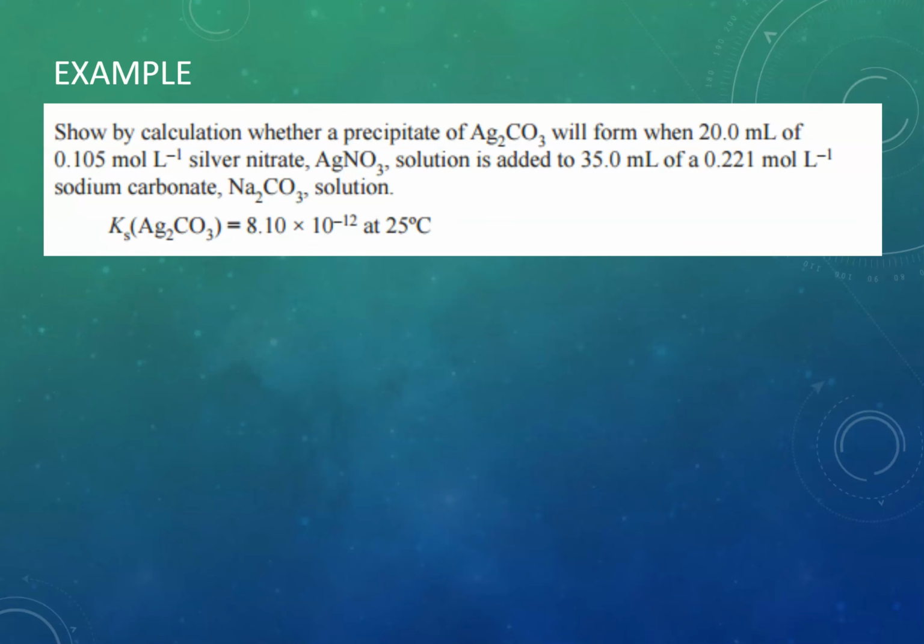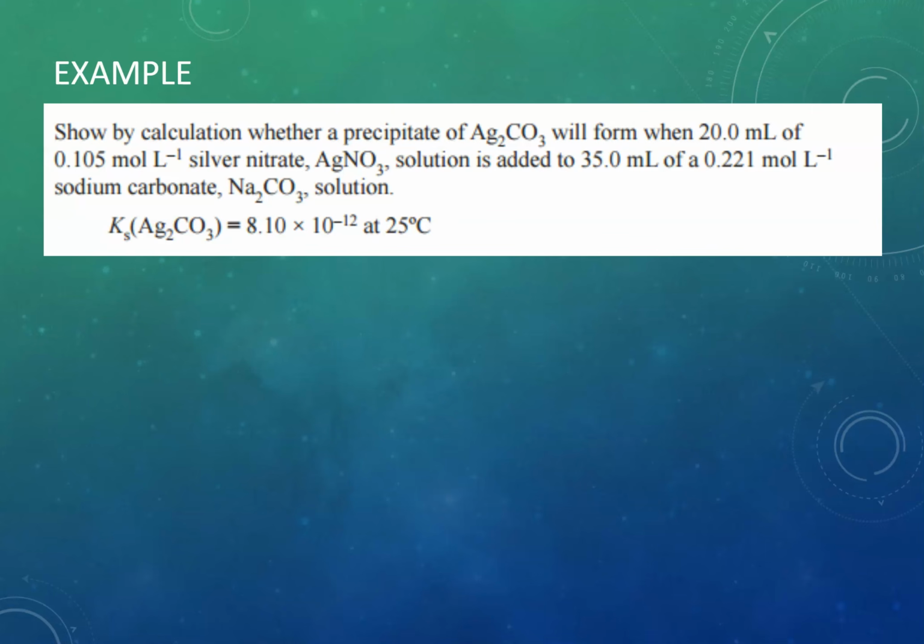You're going to get 1 silver, 1 nitrate, so the concentration of silver nitrate is the same as the concentration of silver or of nitrate. Not a problem there. For every sodium carbonate that dissolves, I'm going to get 2 sodiums and 1 carbonate. Since I'm not worried about the sodiums and only the carbonate, that's fine too.